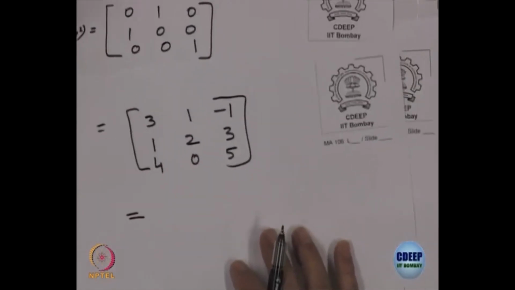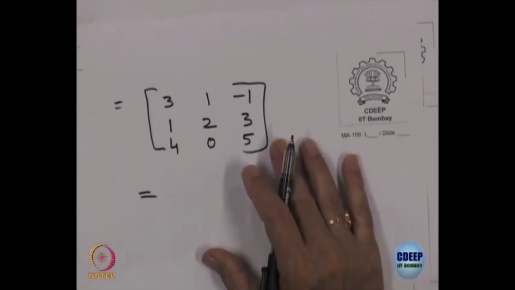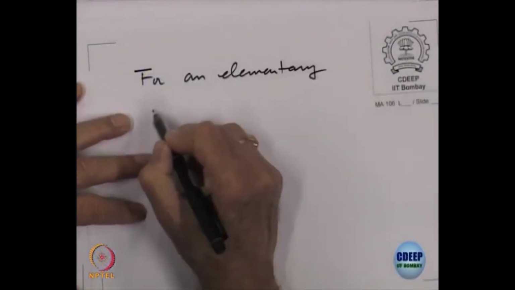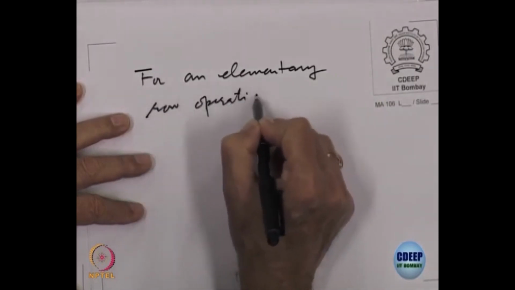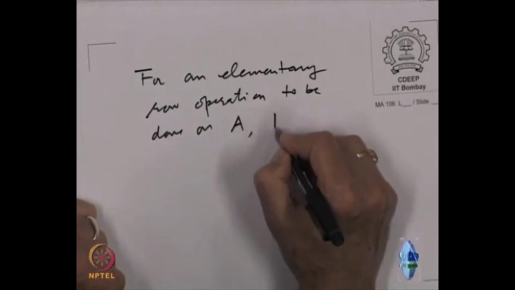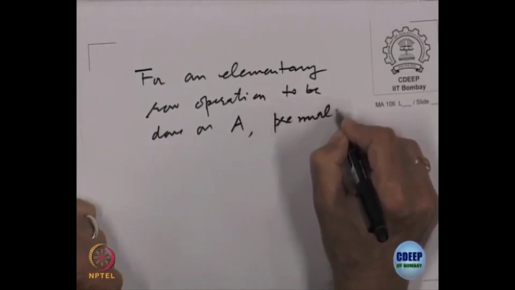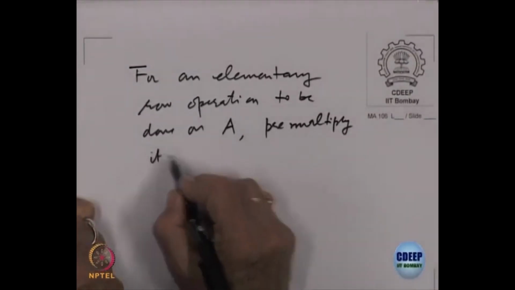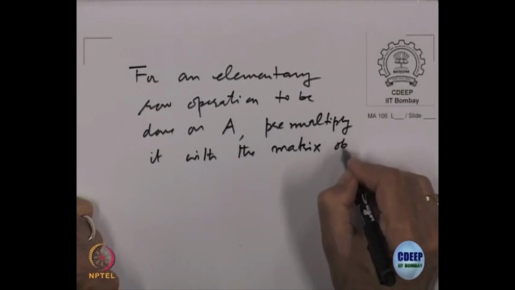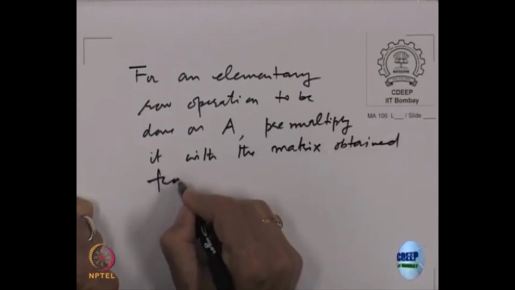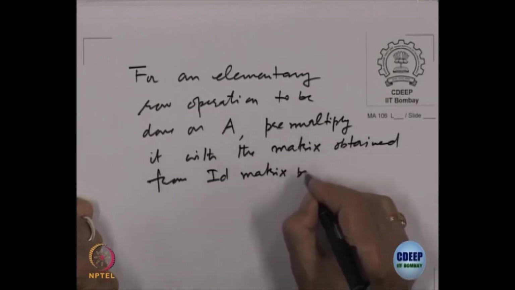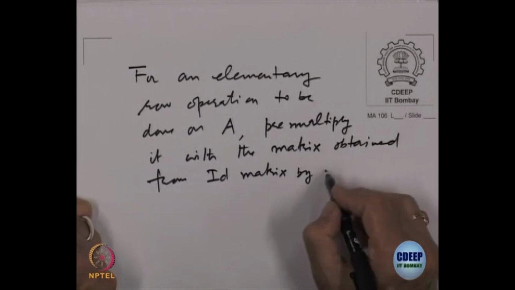If you want an elementary row operation to be done on A, pre-multiply it with the matrix obtained from the identity matrix by that operation.